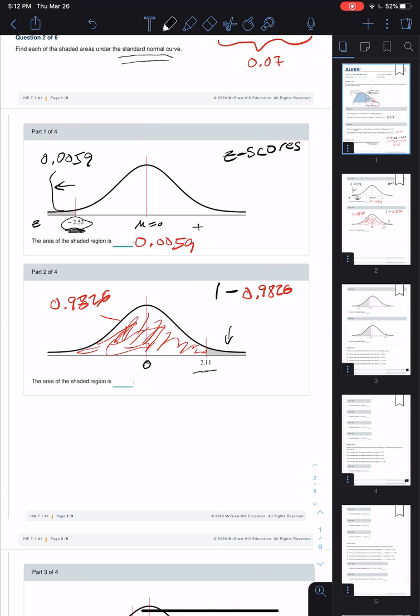So 1 minus 0.9826 will give me this area to the right, which happens to be 0.0174. And that's my answer.